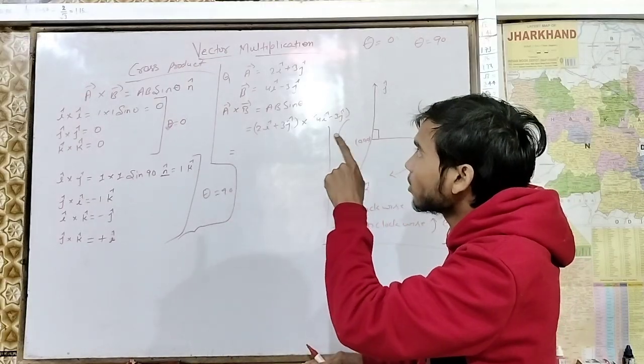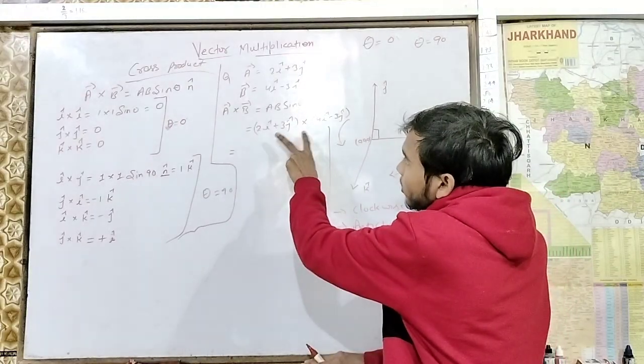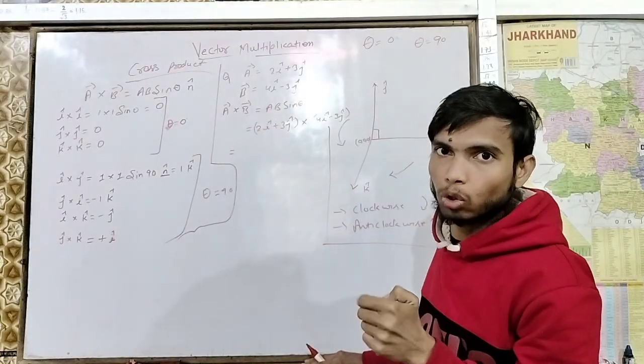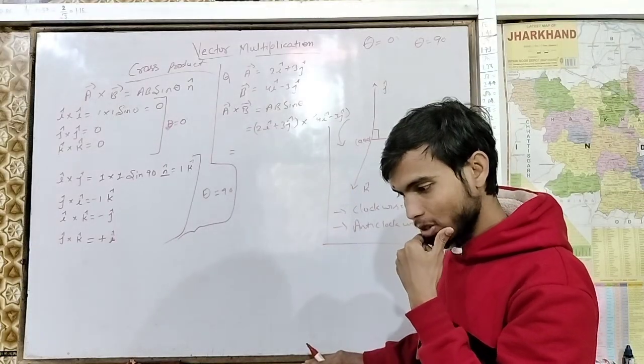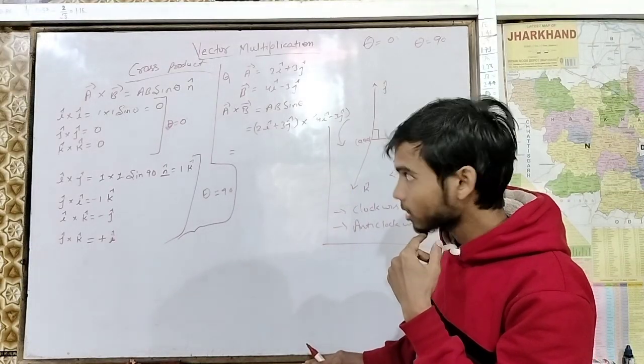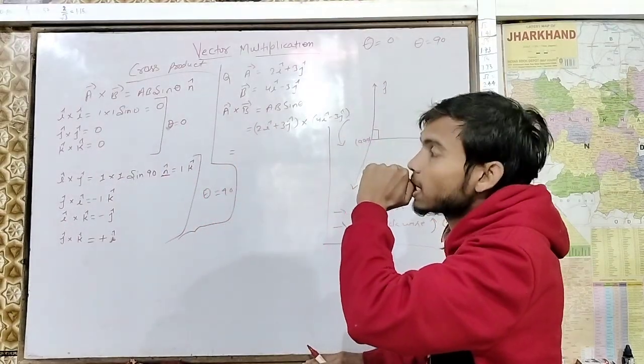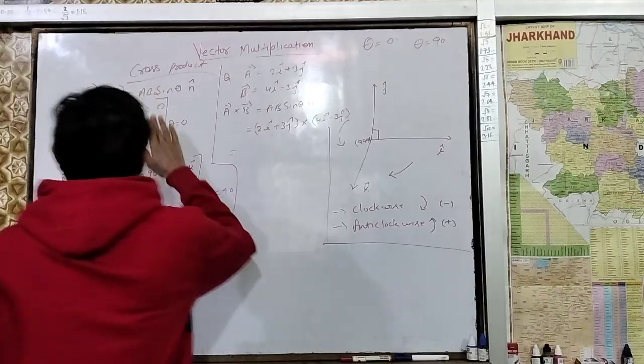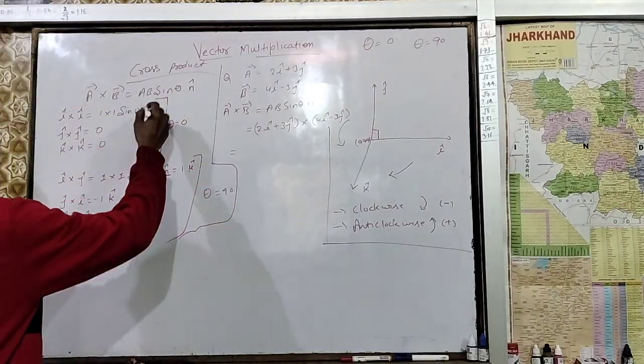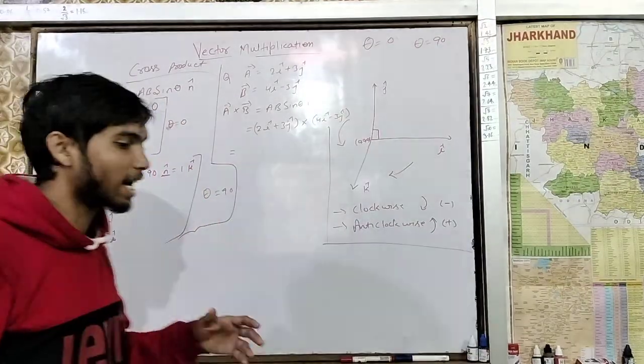In the discussion of cross product, if we take the same vector, what is going to be our result? Our result would be 0, because sine 0 degree is 0.